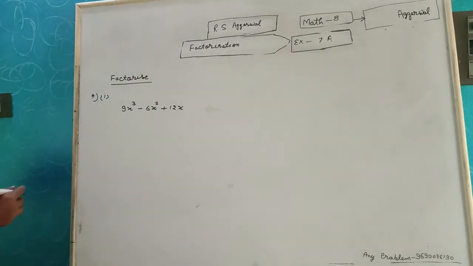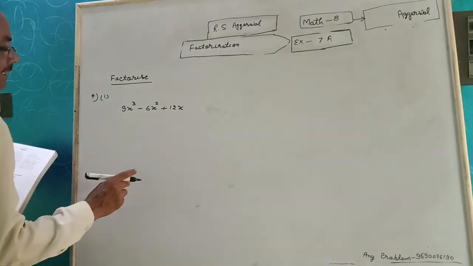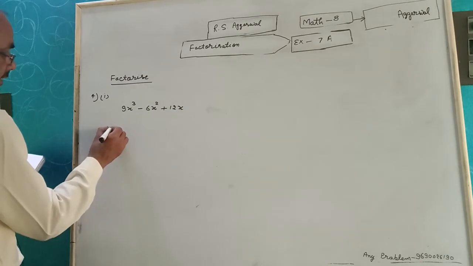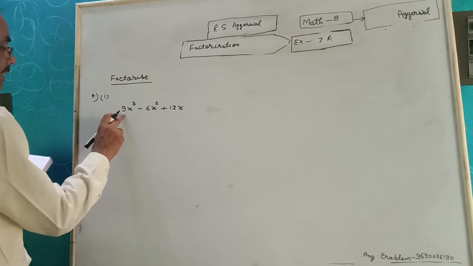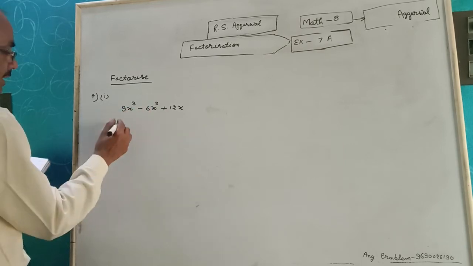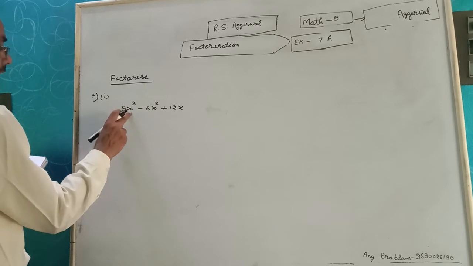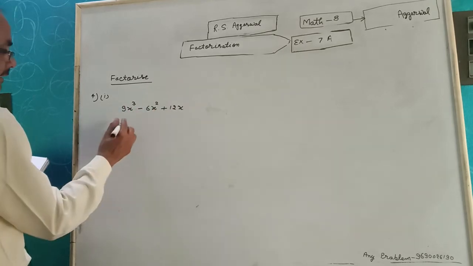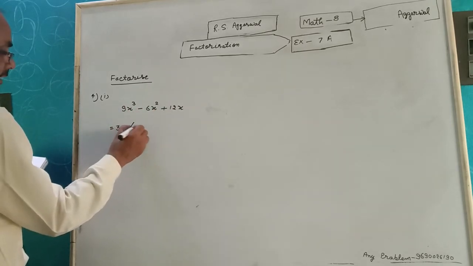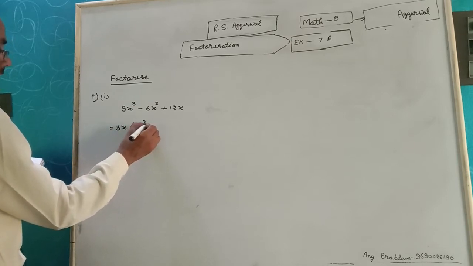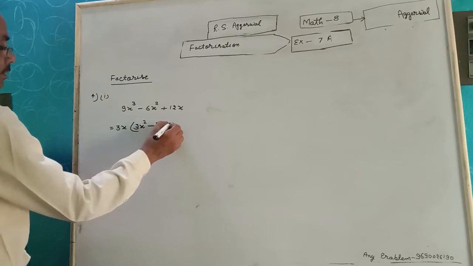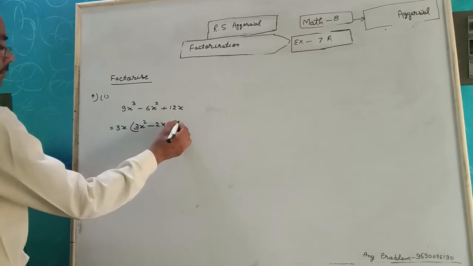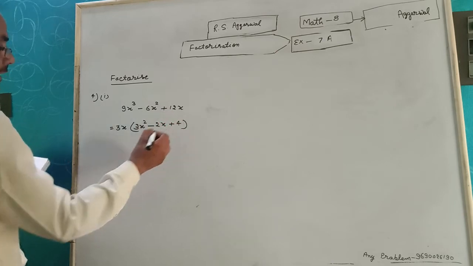This expression has 3 terms. Common of 9, 6 and 12 will be 3. x cube, x square and x, smaller is x. After dividing, 3 times 3 is 9, 3x square minus 3 times 2 is 6, plus 3 times 4 is 12, x is common.